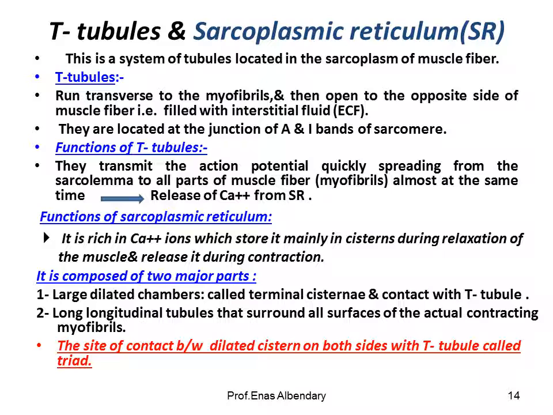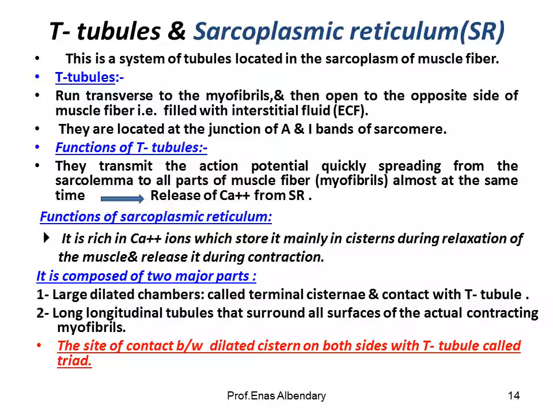From the surface of the sarcolemma or the cell of the muscle fiber into the interior of the muscle fiber. At the same time, it releases the calcium from sarcoplasmic reticulum. When this action potential runs in the T-tubule, it will result in release of the calcium from sarcoplasmic reticulum.